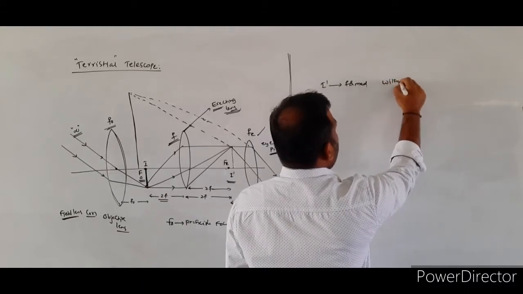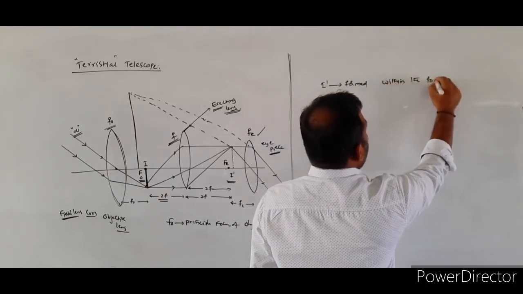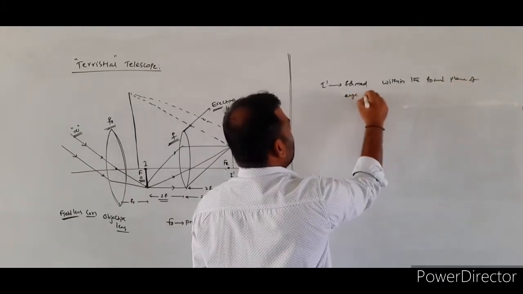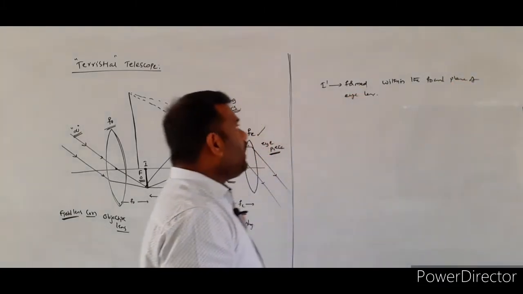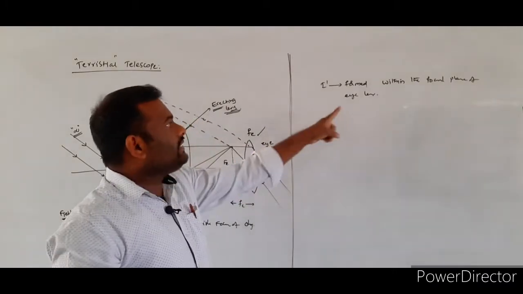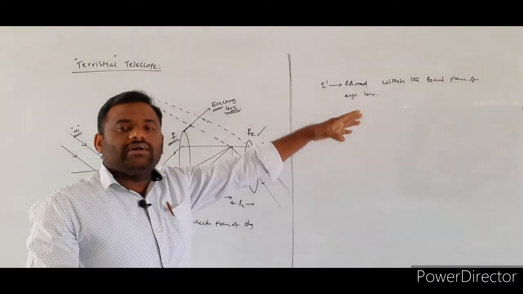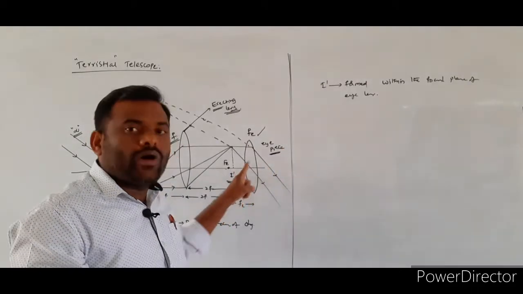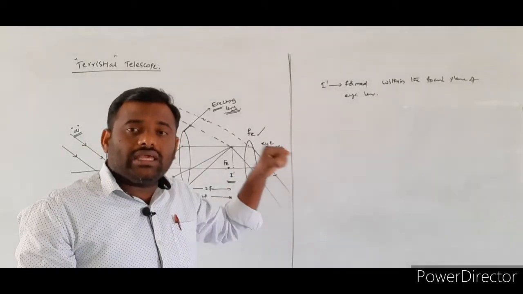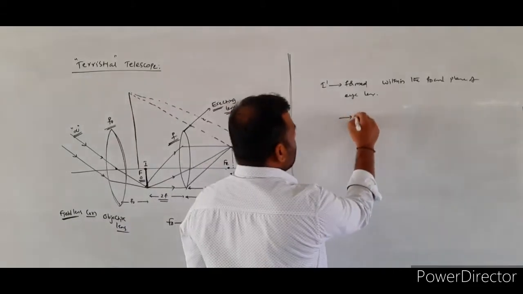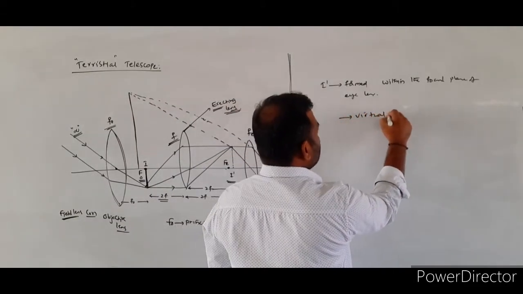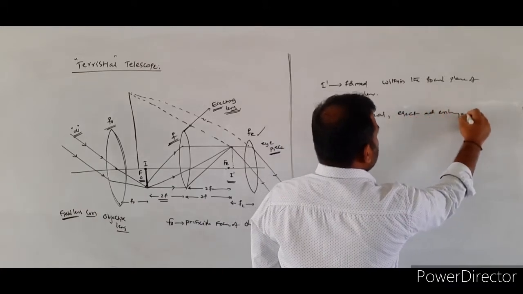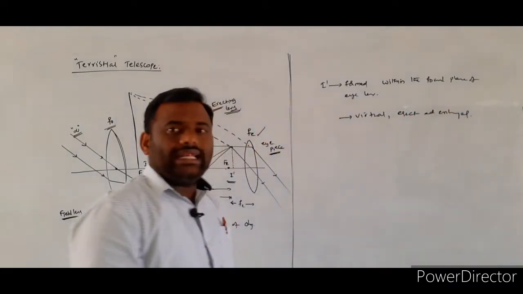Whenever the object is placed within the principal focus, or within the focal plane, of the eye lens, its corresponding image will be virtual, erected and enlarged.